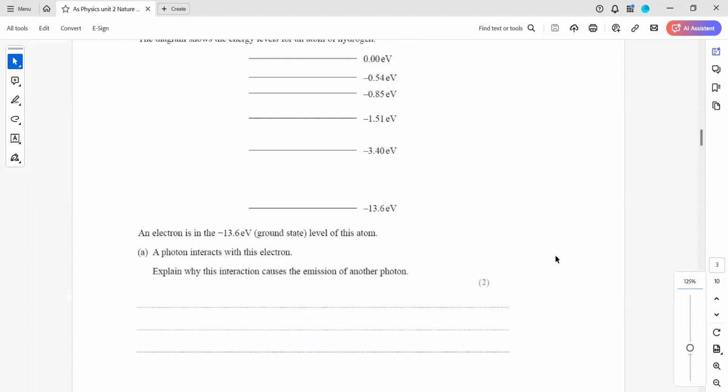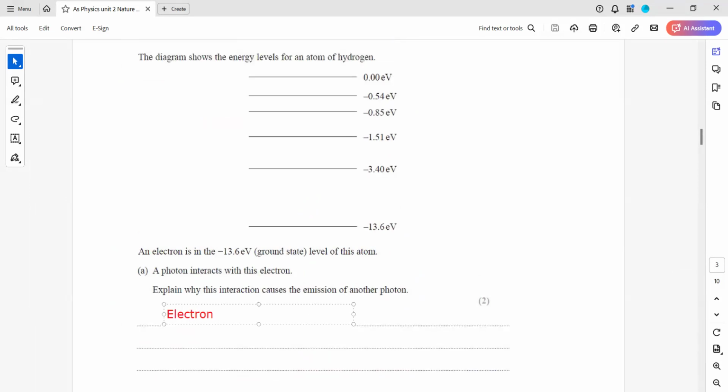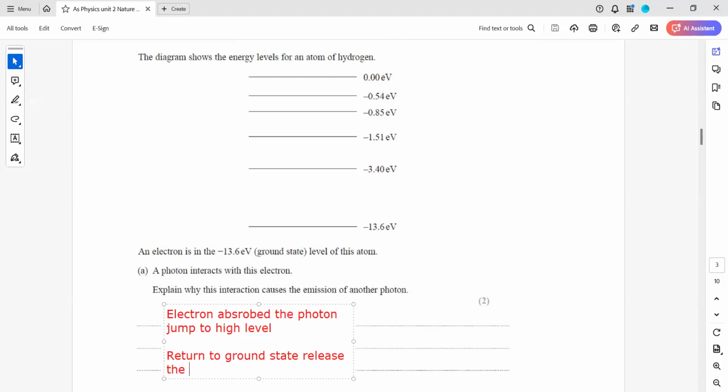The electron absorbs the photon, and as a result it will jump to a higher level, and then it returns to the ground state and releases the photon, with energy equal to the difference of the energy of the two levels.